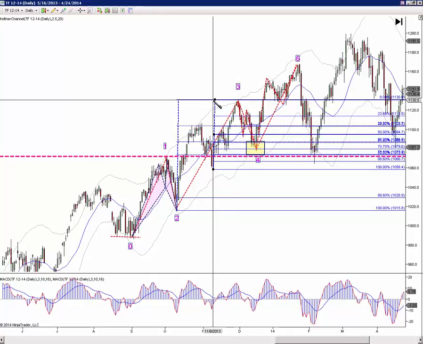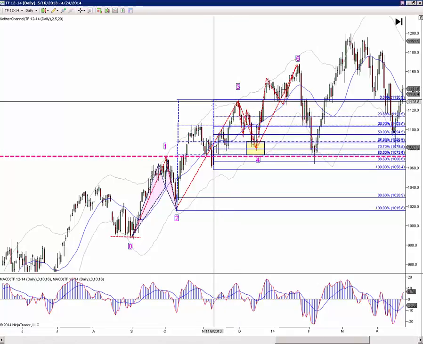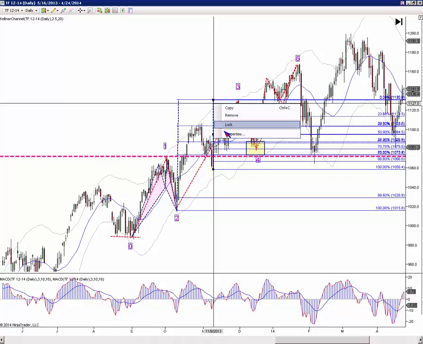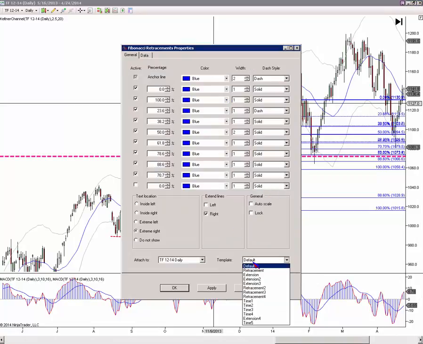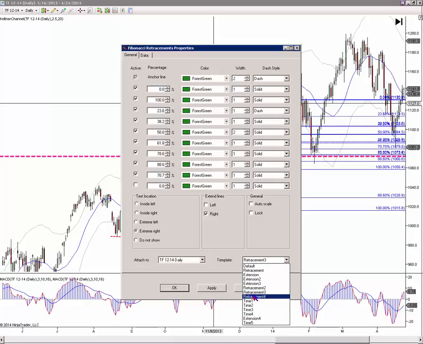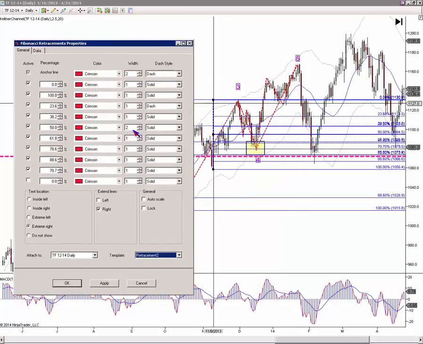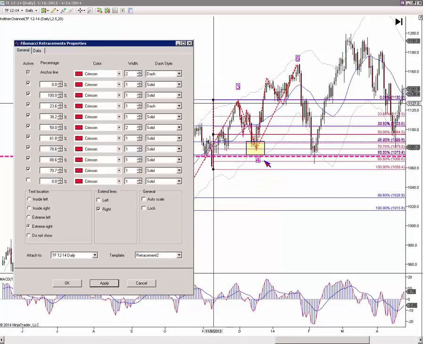Okay, so let's take this swing here and let's change the color. I want a different color. I want a pretty color. Okay. So let's look and see where we are.